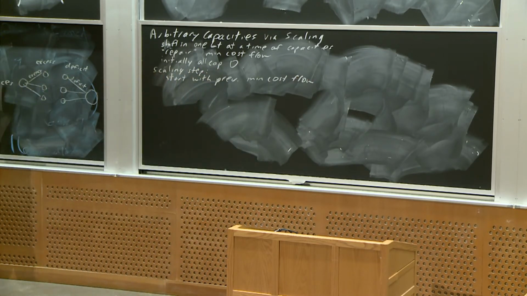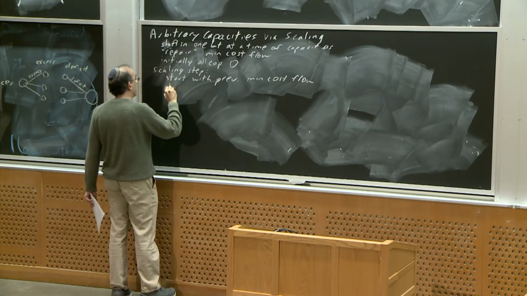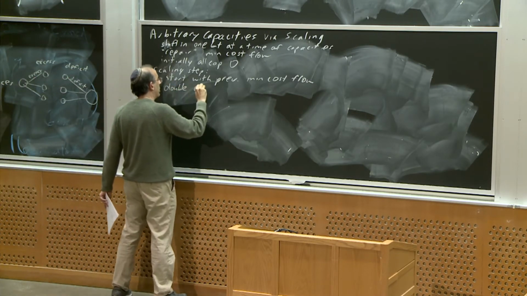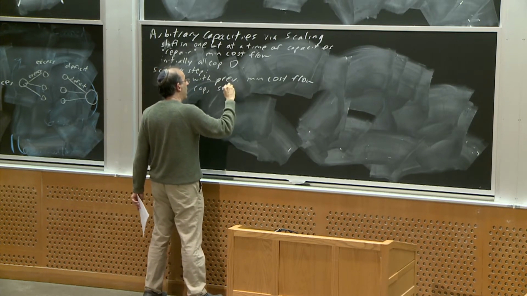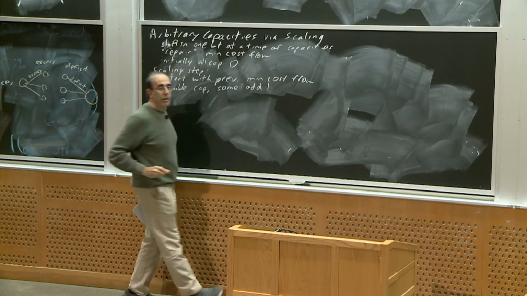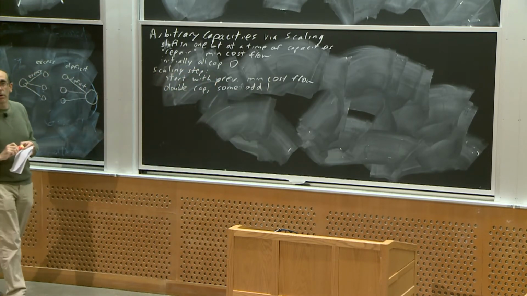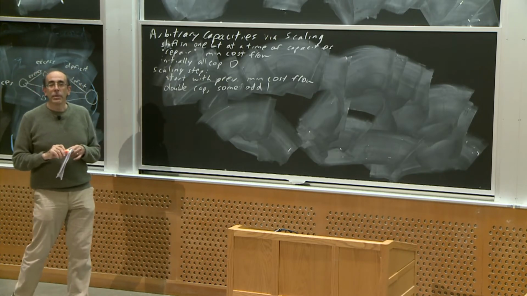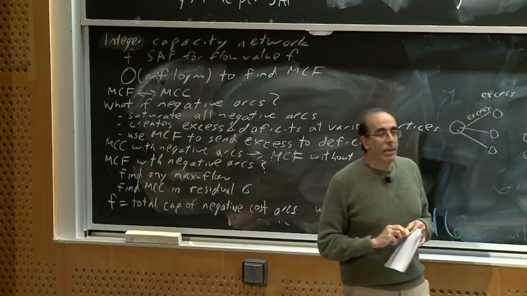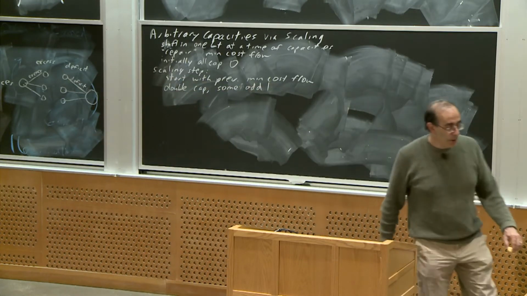Now, what do we need to repair when we fix the capacities? We double the capacities, and we sometimes add 1 to the capacities, depending on whether we shift in a 0 or a 1. So how do we update our min-cost flow to reflect the new capacities?